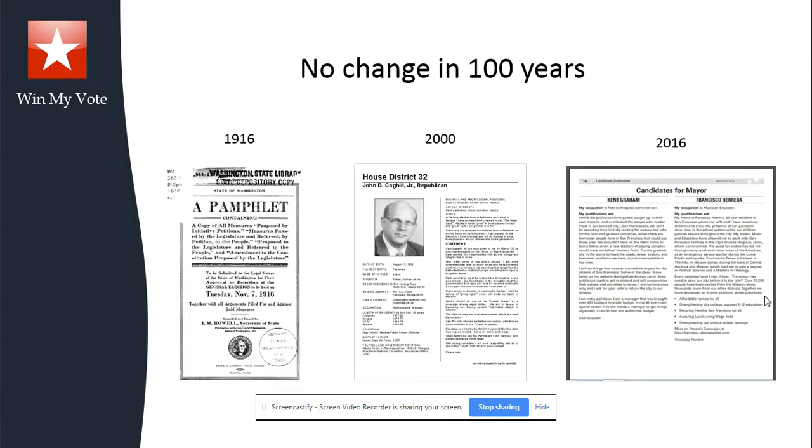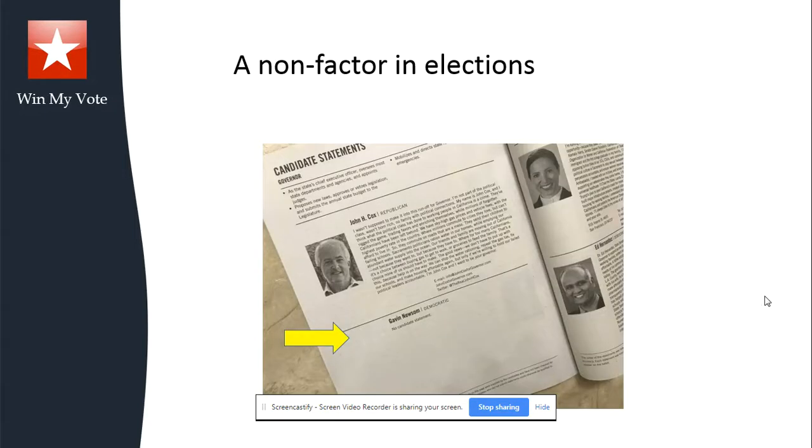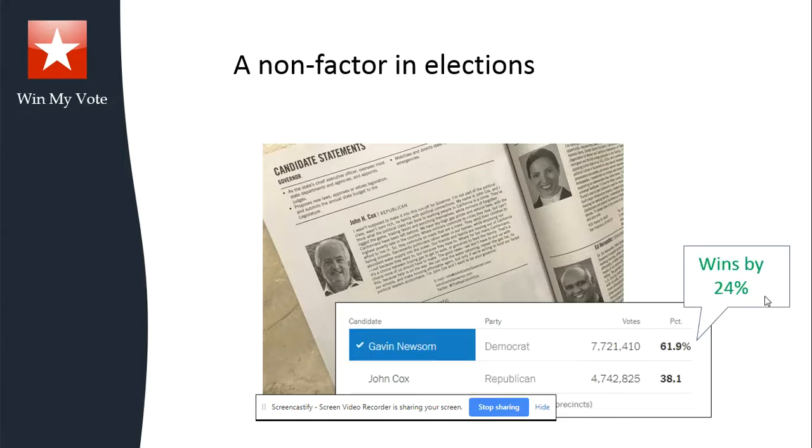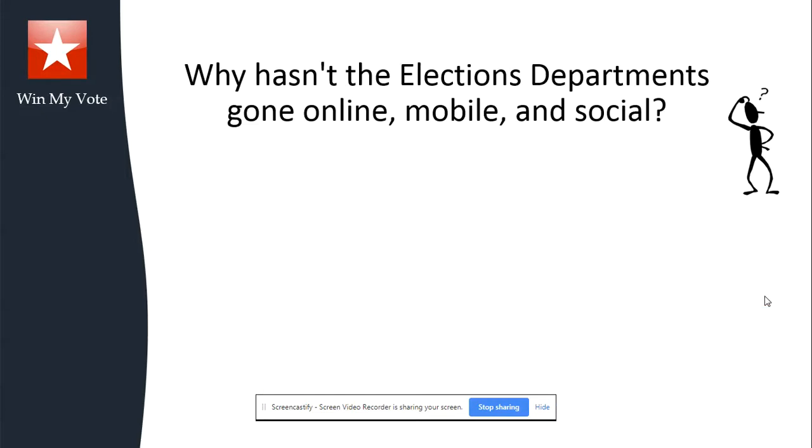They haven't gone online, mobile, or social. They play such a non factor in elections now that Gavin Newsom, who is the sitting lieutenant governor running for governor of California, didn't even bother putting in a candidate profile in the booklet, and ended up winning by 24%, which is considered a landslide in elections.